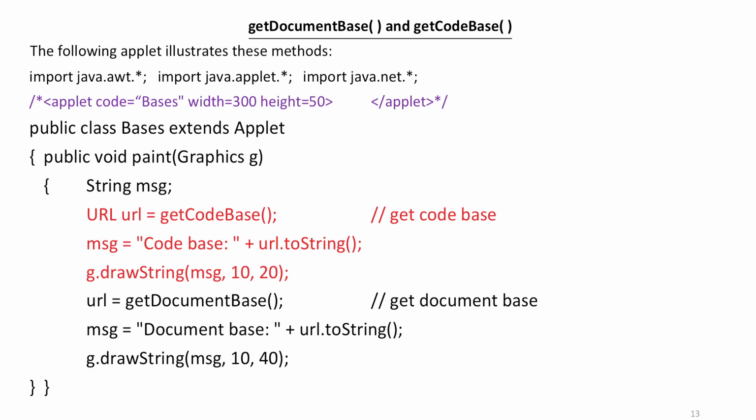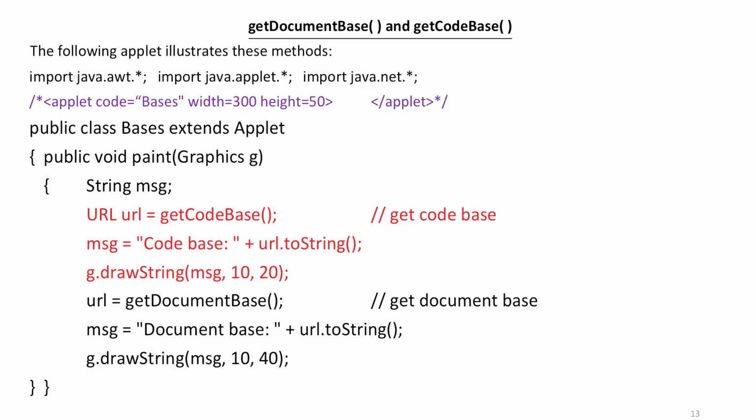Inside this applet class base extends Applet, we have public void paint(Graphics g), with the first variable String msg, and the second variable URL, where url is its object, equals to codeBase plus url.toString.